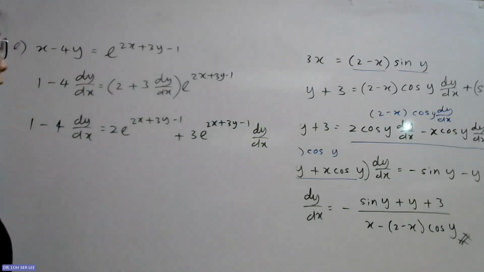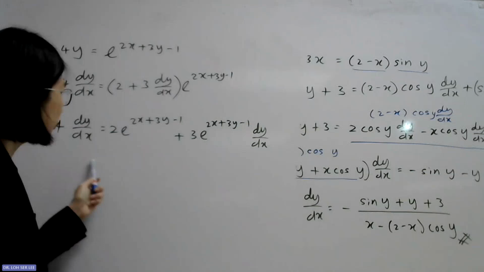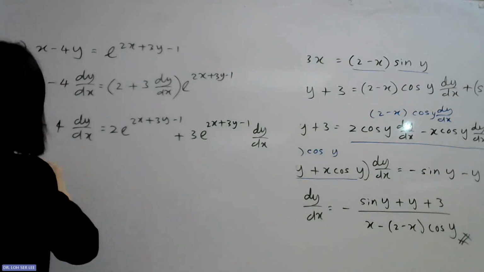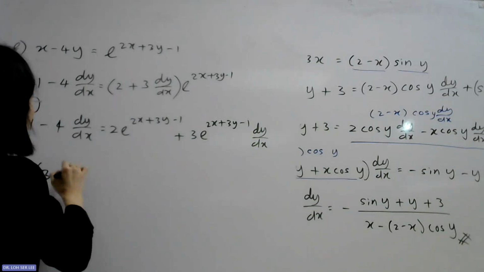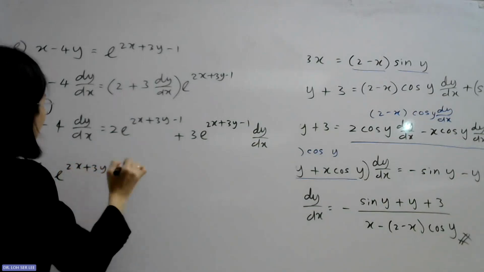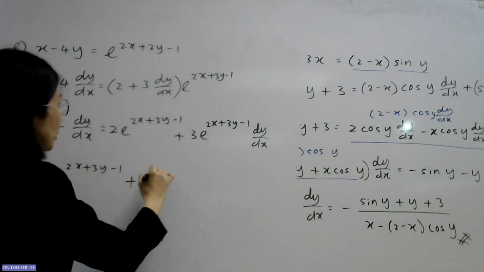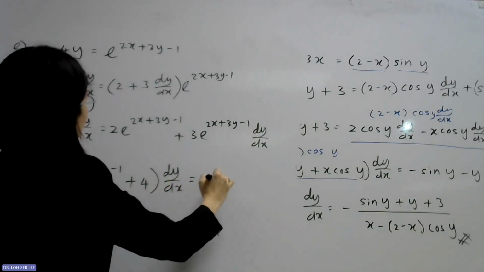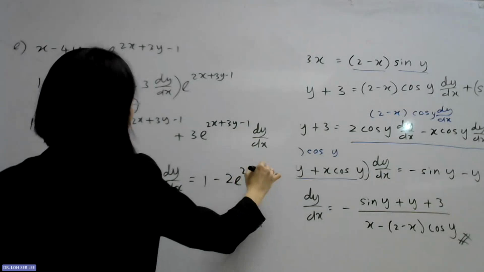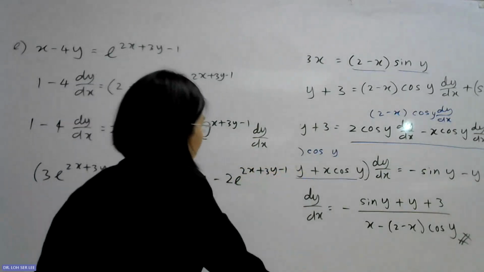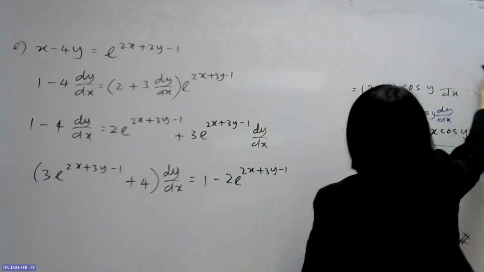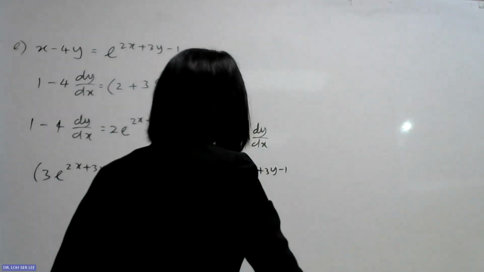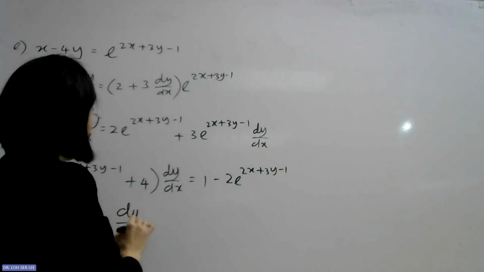Then we move this one. We combine the dy/dx. So (3e^(2x+3y) minus 1 plus 4) dy/dx equals 1 minus 2e^(2x+3y) minus 1. Then we can get the dy/dx.